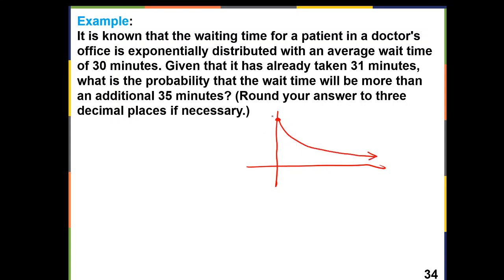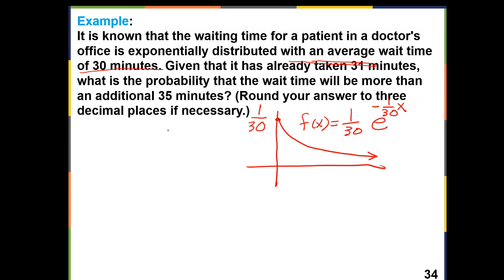And what is our m here? Well, it says an average wait time of 30 minutes right here. So the average is 30 minutes. That means this number is 1 over 30. So that means our f of x is 1 over 30 e to negative 1 over 30 x, right?